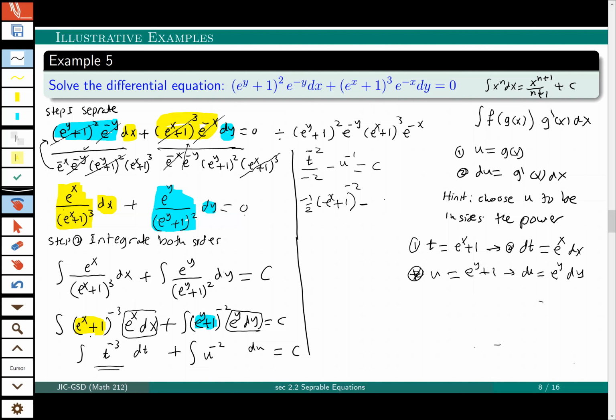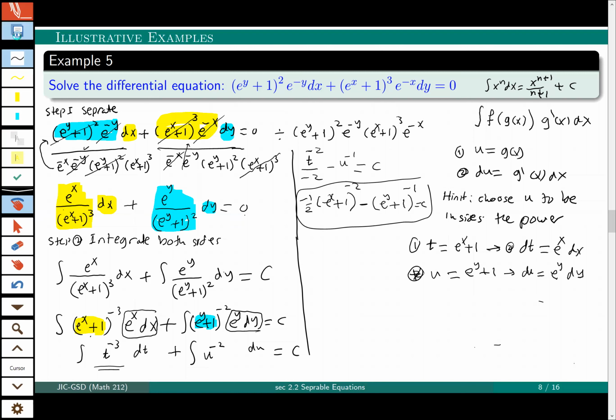So I will get e to the power y plus 1 raised to the power minus 1. Now we can say we have solved the differential equation, and that's the solution.